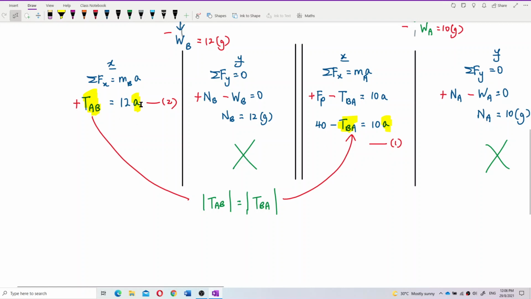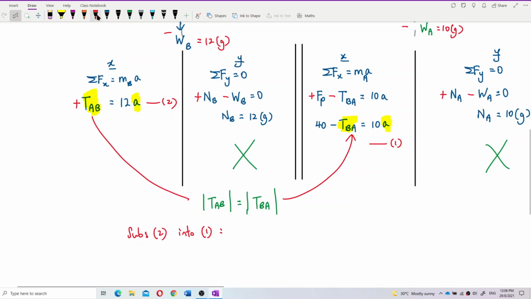So we can substitute this one into here. We substitute equation 2 into equation 1.